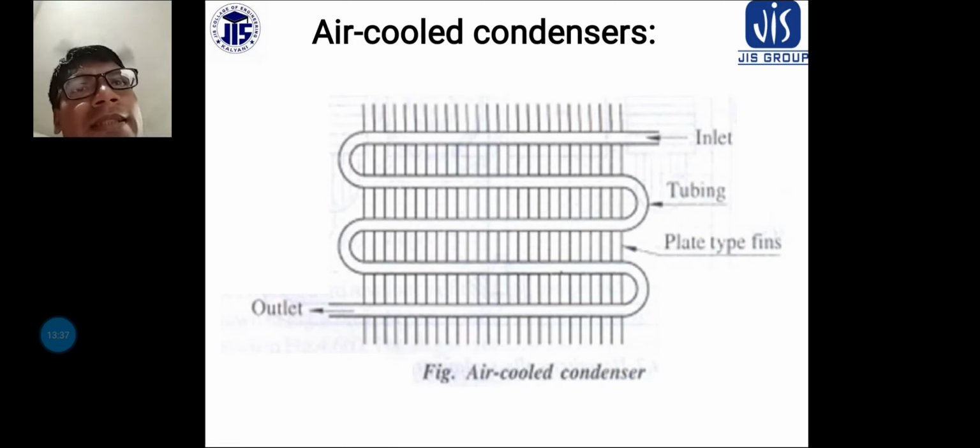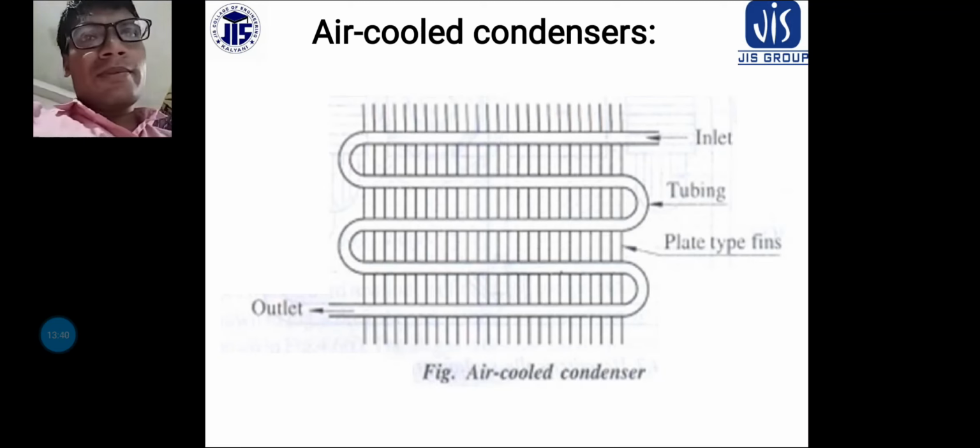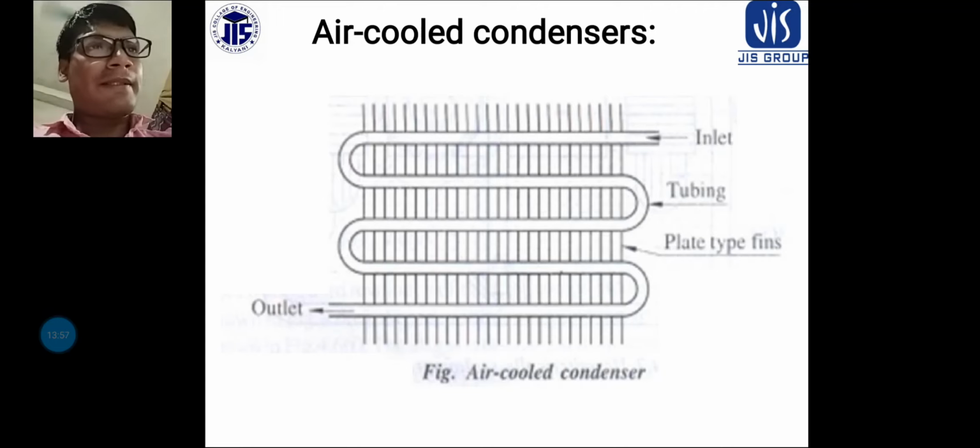Now let us discuss the advantages of the air cooled condenser. Number one, it is easy to clean dust or gummy matter that collects over fins and tubes. Number two, it is quite compact and easy to mount.